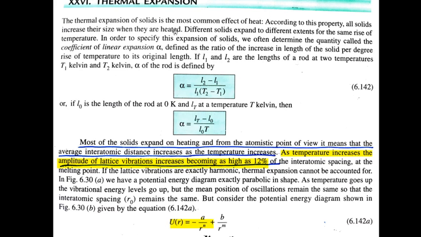Anyway, so thermal expansion is basically a change in your length with respect to your change in temperature.